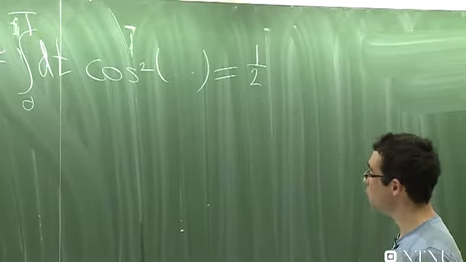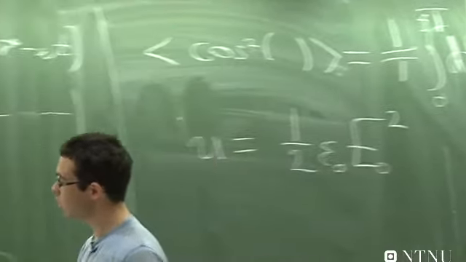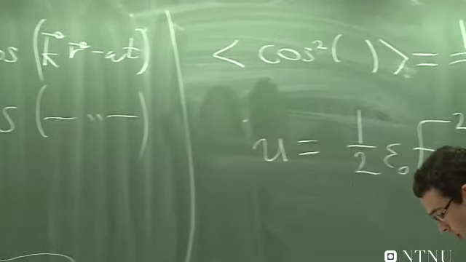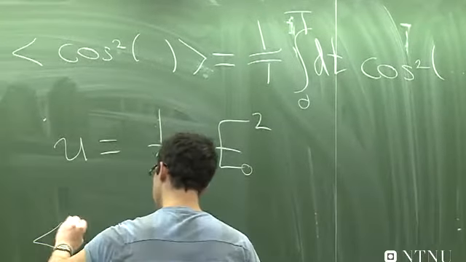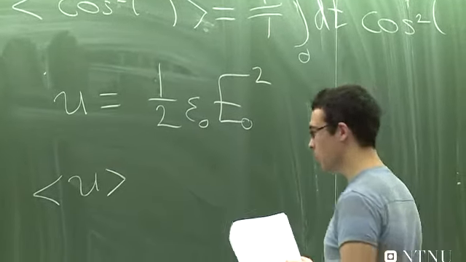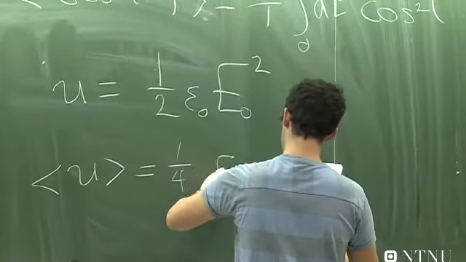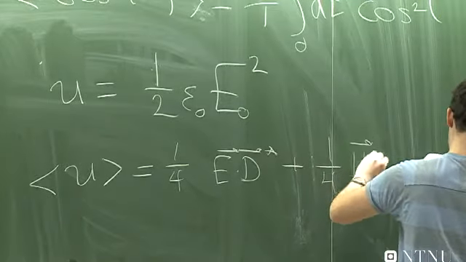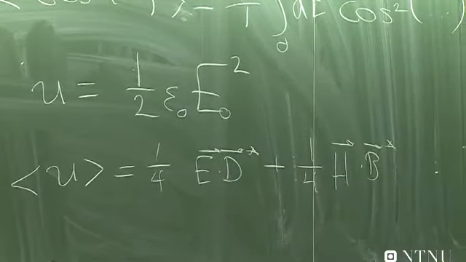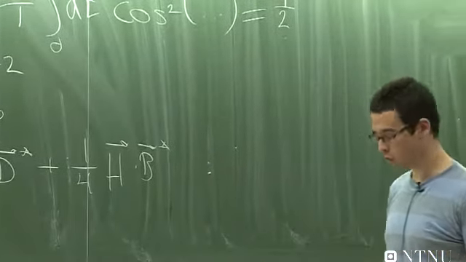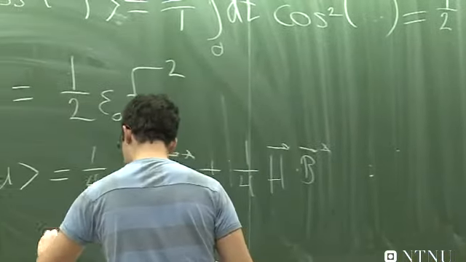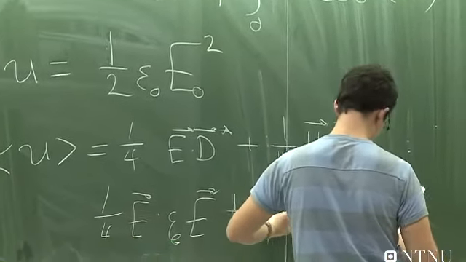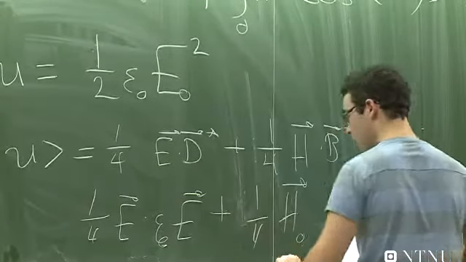Okay, and now for the complex fields, if I try this expression here and insert the complex expressions for E, D, H, and B, I will get that the time average of the energy density in a plane wave is a quarter E dot D plus a quarter H dot B. Now I insert that D is equal to epsilon 0 E and B is mu 0 H, and we get just a quarter E dot epsilon 0 E. Let's see.